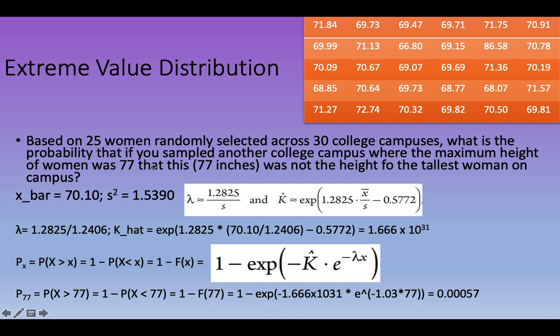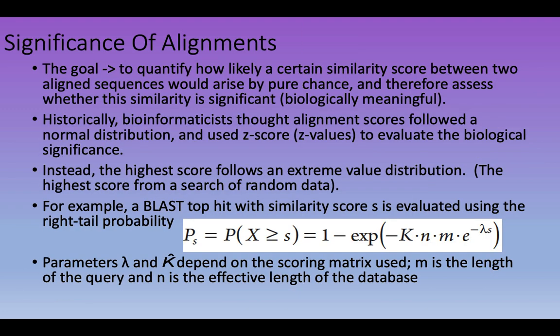So what's the probability that if I had a woman who was 77 inches, she'd not be the tallest? And the probability is quite low. So there's a very low probability that I'm going to sample somebody who's taller than 77 inches. So that's the idea. What's the probability that I'm going to get something even better? Something even taller? Something that scores even higher? That's the idea here.